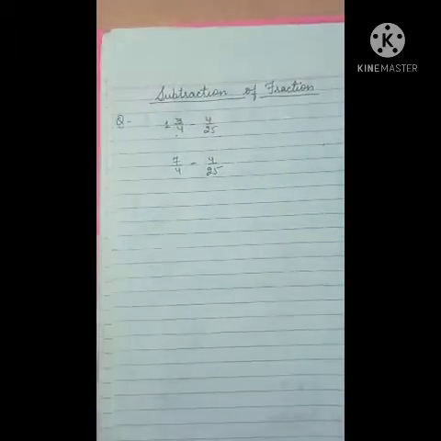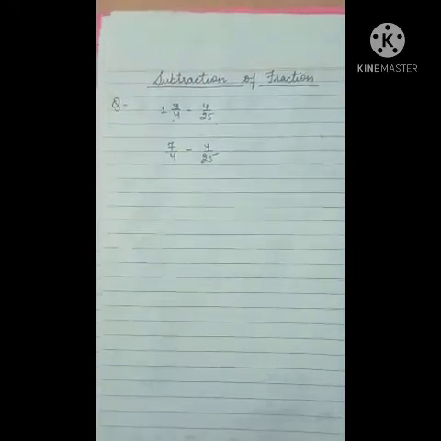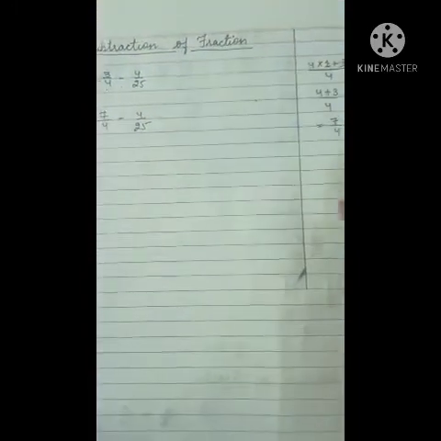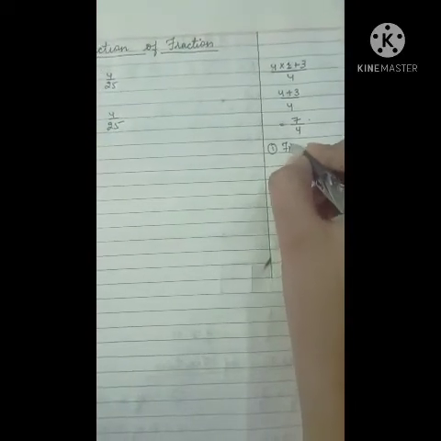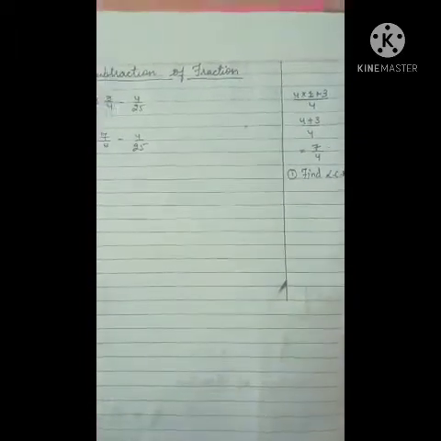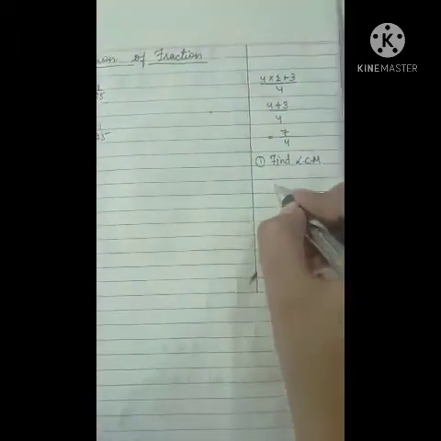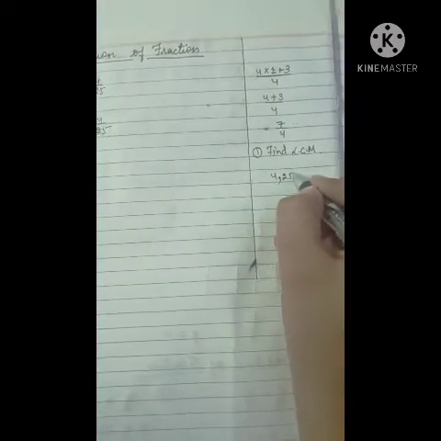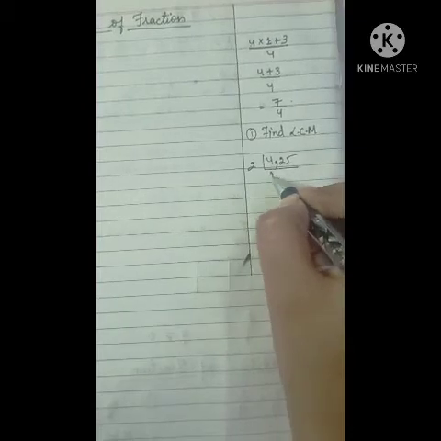Now what I told you, that you have to find out the LCM of the denominators. The first step is to find the LCM, right? LCM of what? LCM of denominators. That is 4 and 25. So 4 and 25, 2 times.